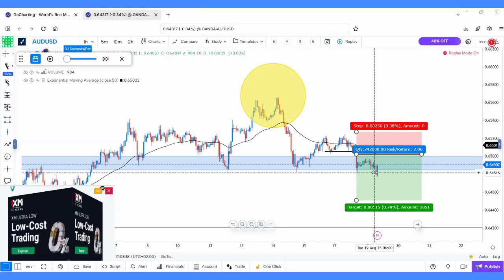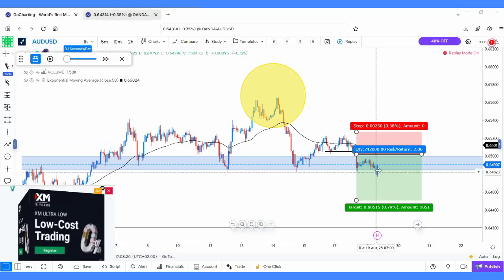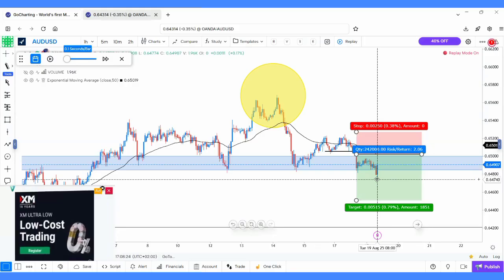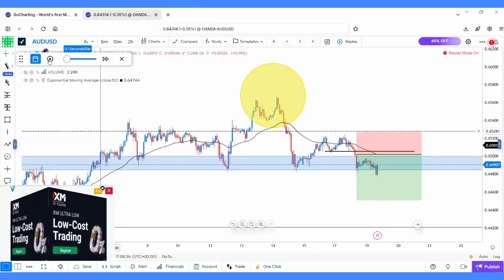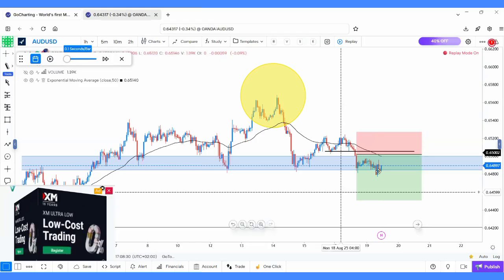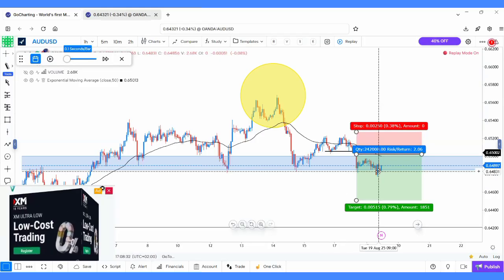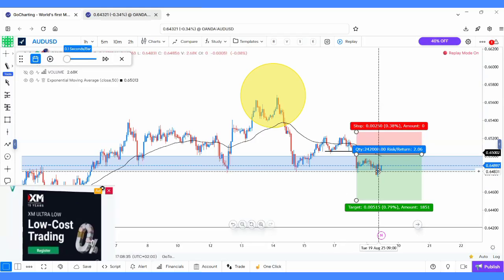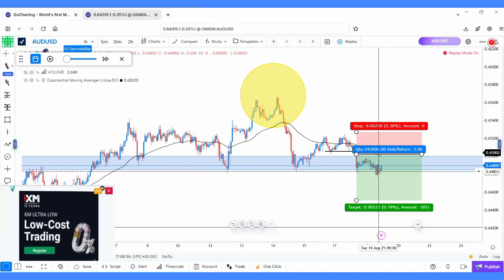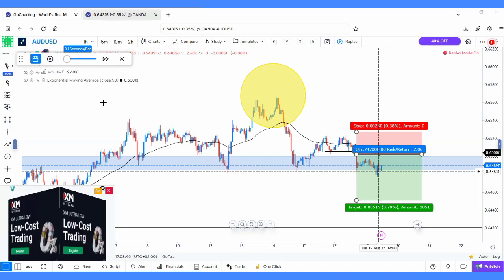I can see it's pre-London session, and then London session starts. Over here, you could have entered. This is London session, by the way. So you could have entered right about there. So it was still okay, but let's see.